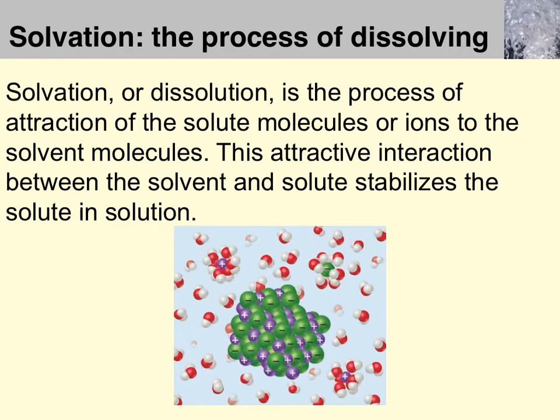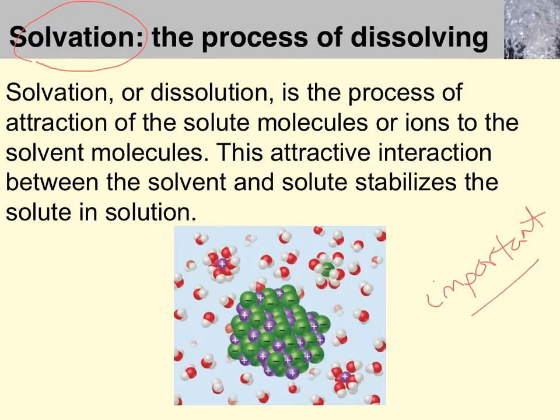Okay, the process of dissolving is actually called solvation. This is a relatively important concept, so make sure that you understand it. And I'm going to go over this in more detail in this lecture, but not everything will dissolve in everything else, which you well know. Oil will not dissolve in water.